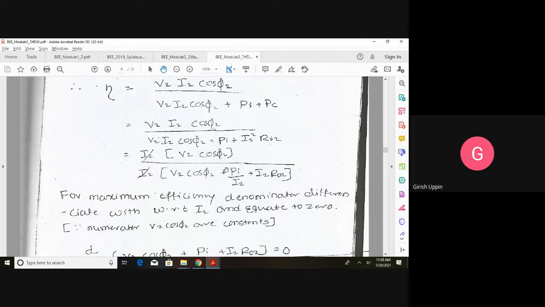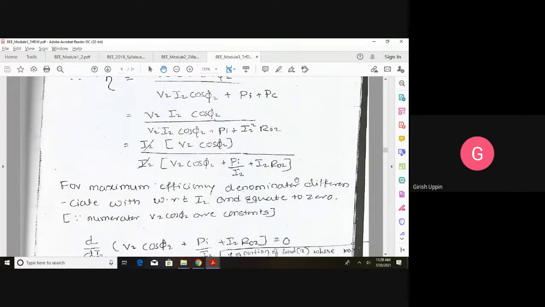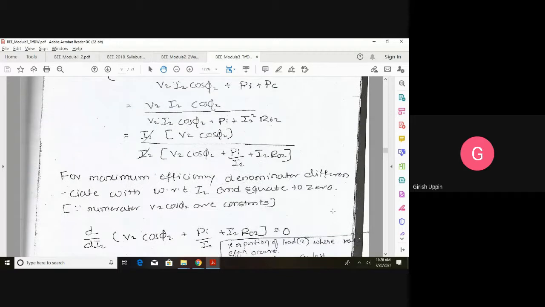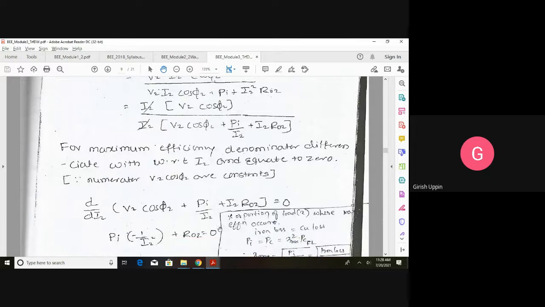If we can make the value of I2 such that this value goes down, and we get the higher value for the ratio, then we will have the maximum efficiency. For maximum efficiency, differentiate the denominator with respect to I2 and equate to 0. That is how we find it, by having d by dI2 of the denominator equal to 0, which will give me a minimal value for the denominator.